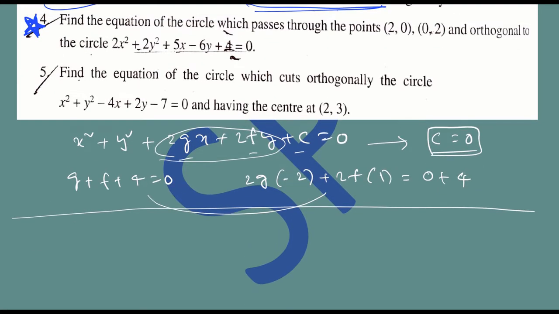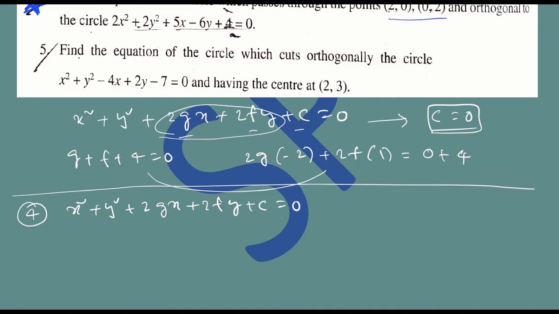So coming to the fourth problem, he said we have to find the equation to the circle which passes through these 2 points 2, 0 and 0, 2 and orthogonal to this circle. So see, as usual, I assume the circle equation to be x square plus y square plus 2gx plus 2fy plus c is equal to 0.